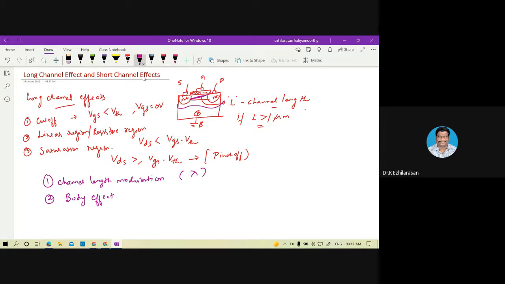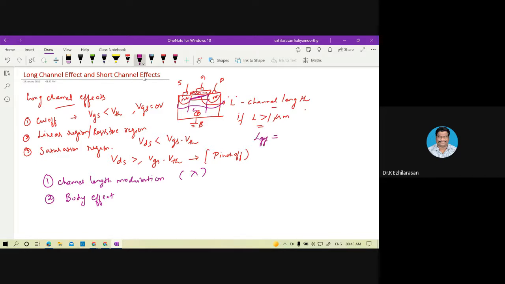So whatever you might have studied in your ID equation, I hope you remember the ID equation, right? In the ID equation, one parameter will be added for the channel length, because here you can see this whole thing is nothing but the total L. So what will be your effective length?